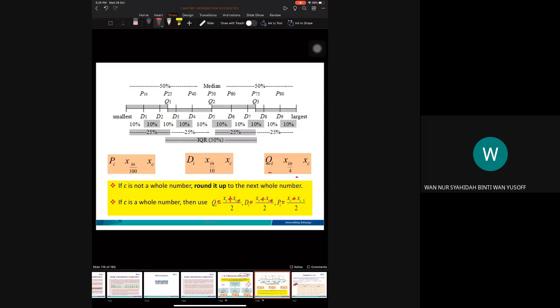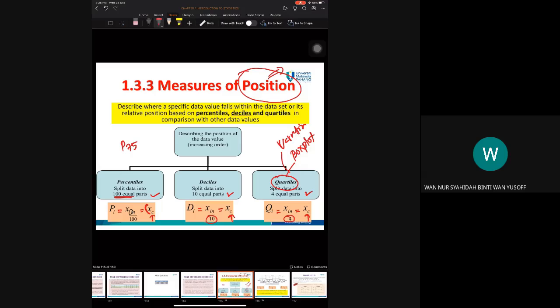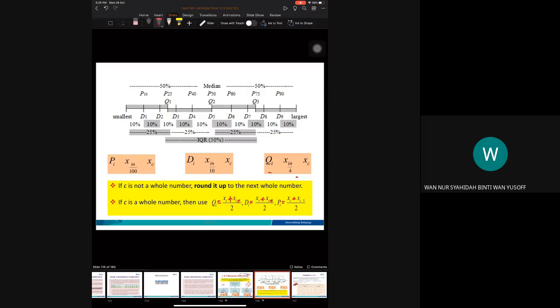So what we have here, the C here, is the position of the data in your ordered data set, and we have a formula for the C. Let's say that C here we get decimal places, a continuous value, for example 5.5. Then we need to round up to the next whole number, which is 6.